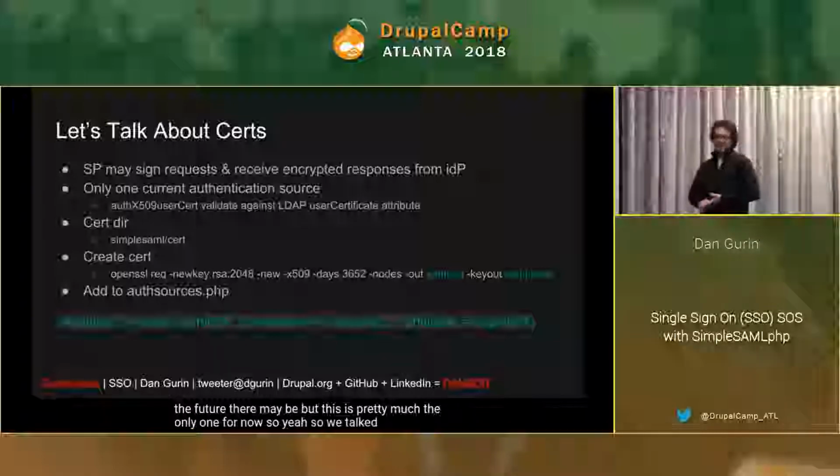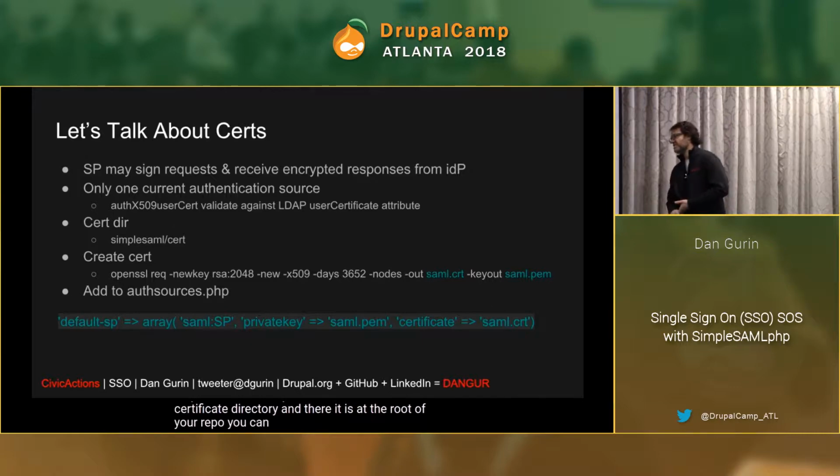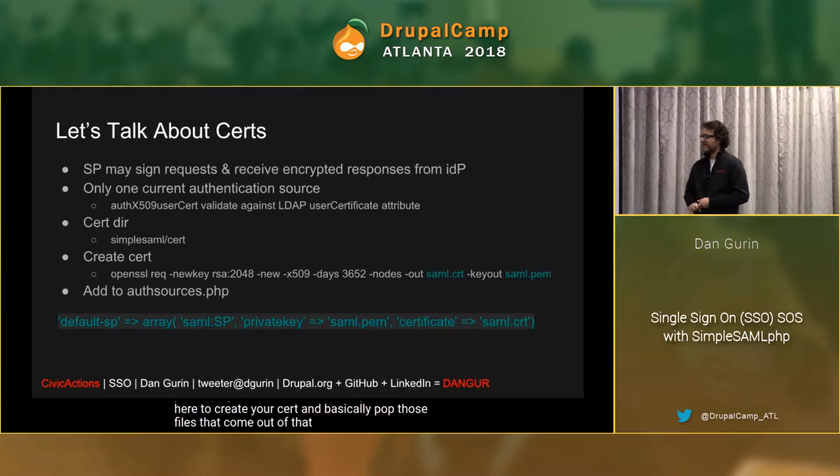So we talked about the certificate directory, and there it is at the root of your repo. You can use this nifty command here to create your cert, and basically just pop those files that come out of that command into the cert folder. So those files will be the saml.cert and the saml.pem.